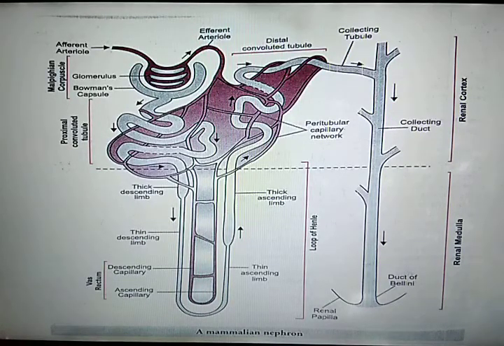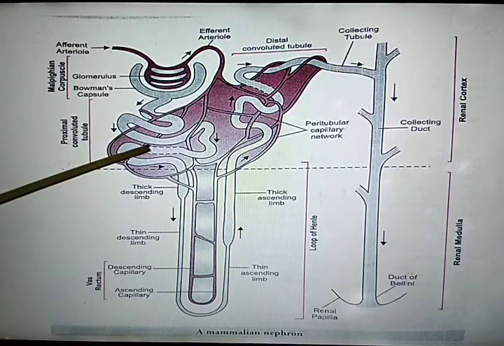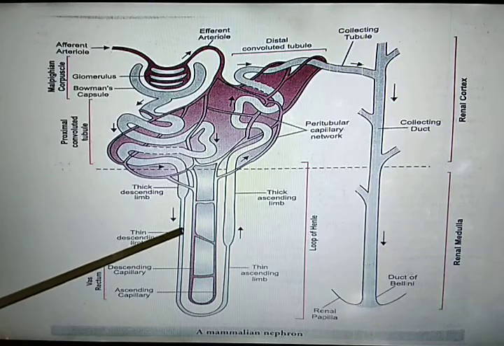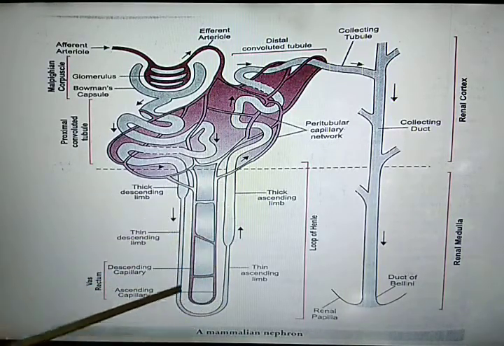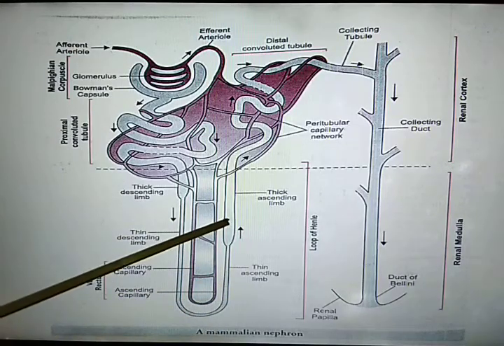Let's revise once again. The nephron consists of glomerulus and Bowman capsule, which together are known as Malpighian body or Malpighian corpuscle. The twisted structure is known as proximal convoluted tubule. The proximal convoluted tubule gives rise to a hairpin-shaped or U-shaped structure known as loop of Henle.